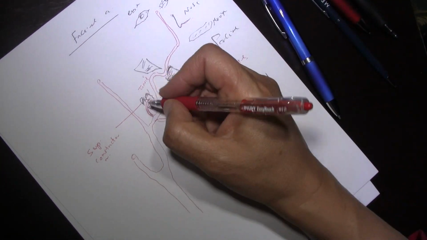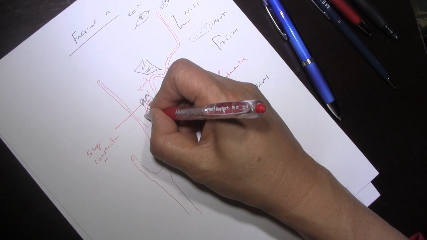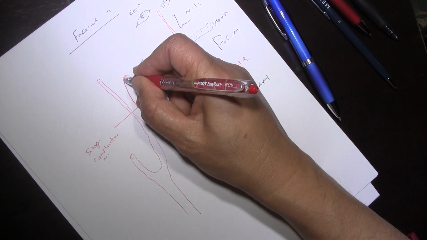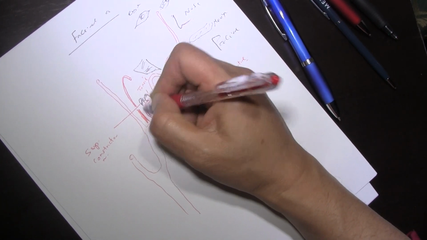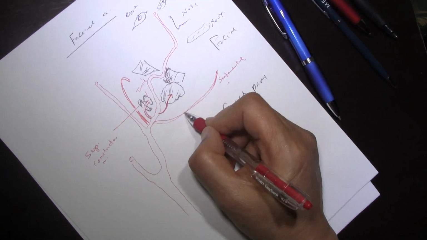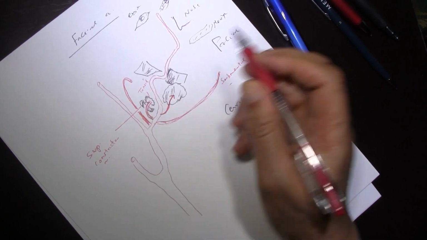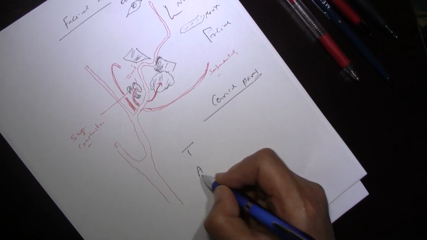Then the last branch is called the ascending palatine artery. The ascending palatine artery goes to the palate. So how many branches in the neck again? Four branches: submental, glandular, tonsillar, ascending palatine. So in the cervical region we have TAGS.